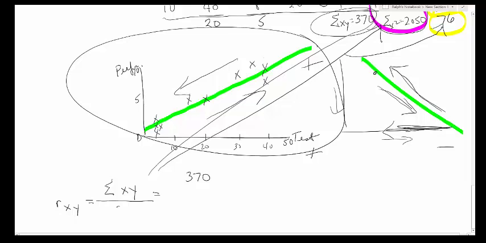So we want to take the sum of all the x squared, and multiply that times the sum of all the y squared. And then because we're squaring, we want to take the square root of that. That's going to be in the denominator.